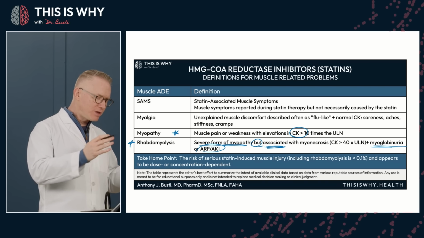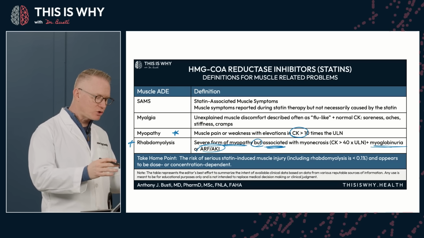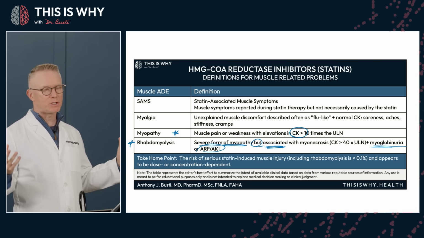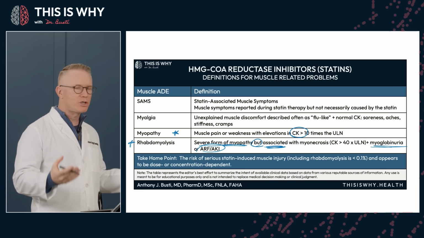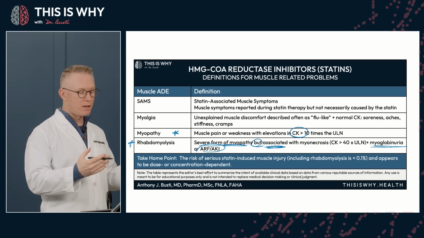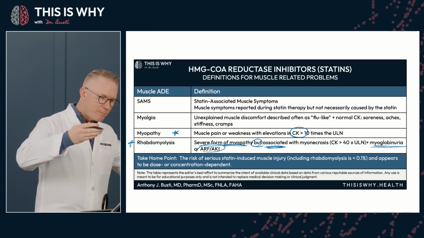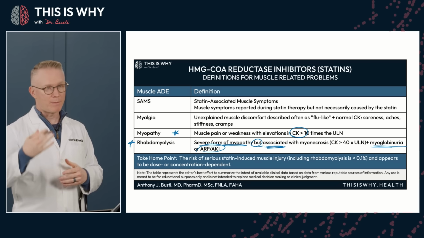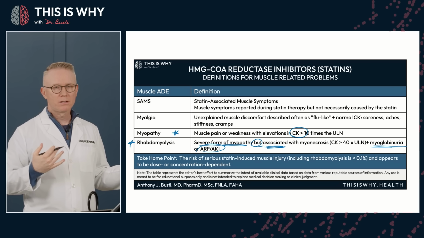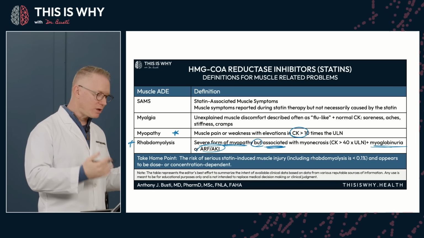Now, this table has been put together to give you the more up-to-date evolution of these definitions, so that the organizations that put this together are trying to be consistent amongst us as clinicians in clinical practice, but also clinical trials.